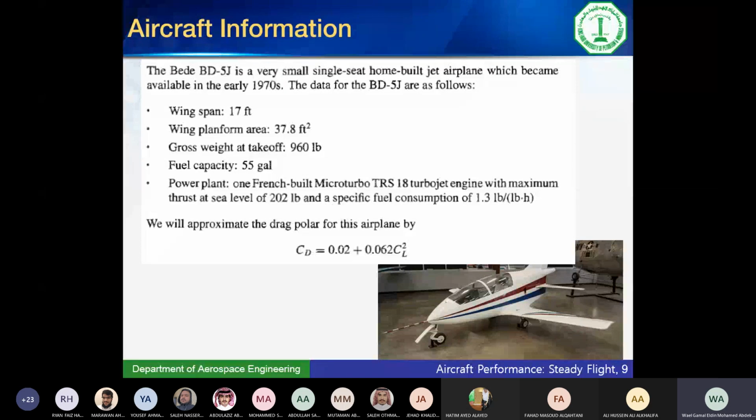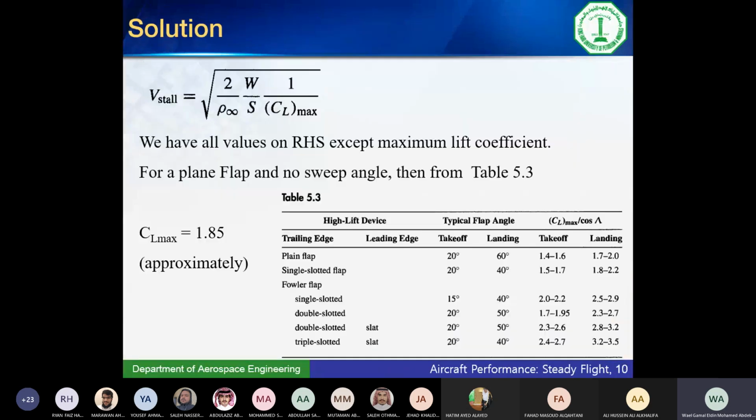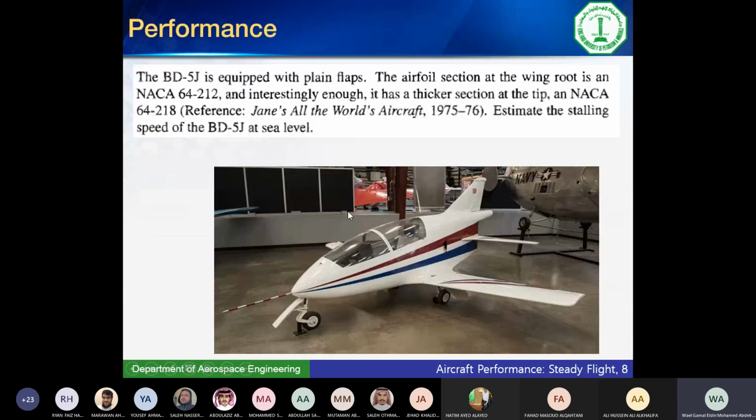Probably by now you remember the number. You don't even need to get it from the textbook. And the only thing that we need still to find in the equation is the CL max. We don't have that. So if we have the figure that shows CL versus alpha of that airfoil, I will go and get it.